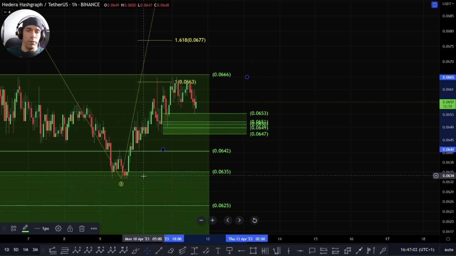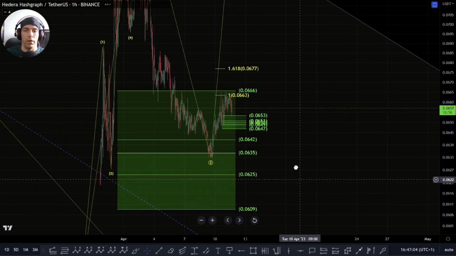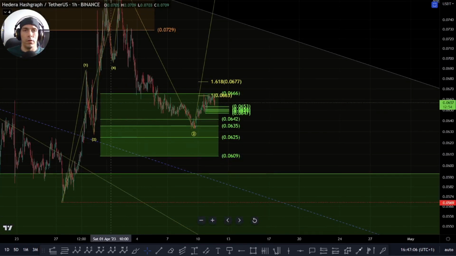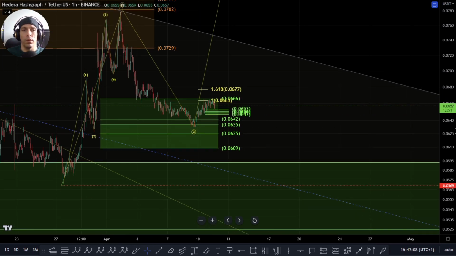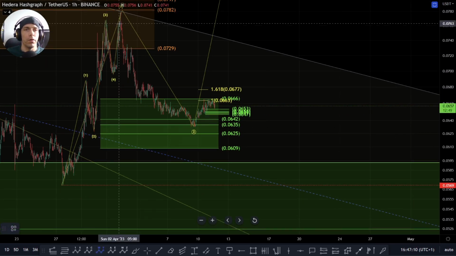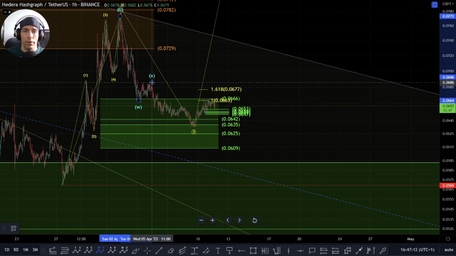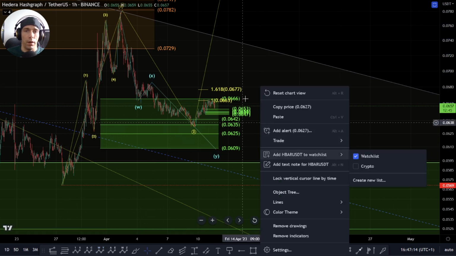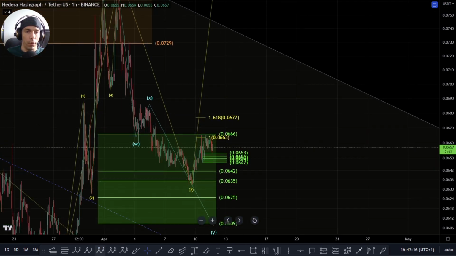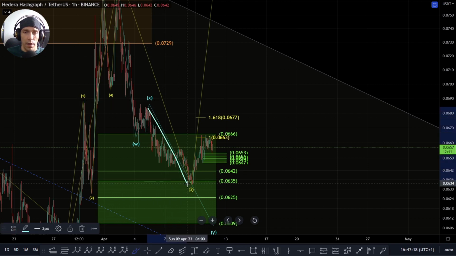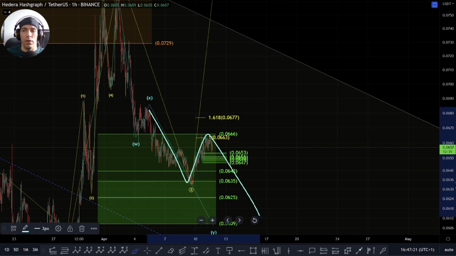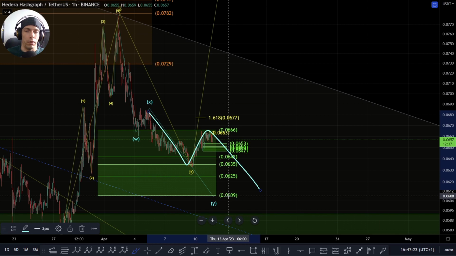And what we'd then be looking for is the possibility to come back down one more time within this, and potentially then we'd have to look at this move possibly as a W and X, and then we're still looking for that Y wave completion, where this becomes A, we get B, and then we get a C wave to the downside, actually looking to target lower down towards a 0.786.